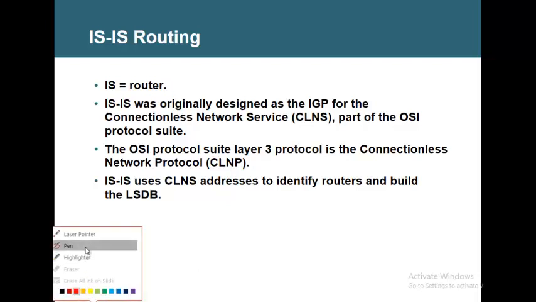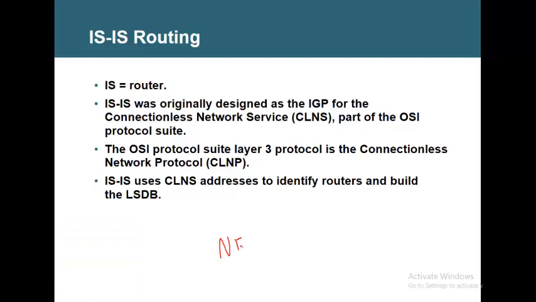Did you hear me? The net ID. This can be between 8 bytes to 20 bytes in size. We'll talk about this in detail in coming slides. So we have a special address called the CLNS address, which is used to identify a device in the ISIS domain. We are not going to use the router ID.